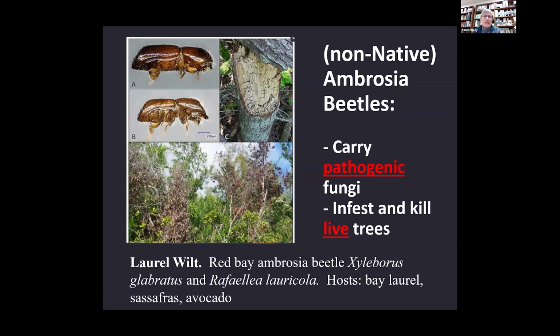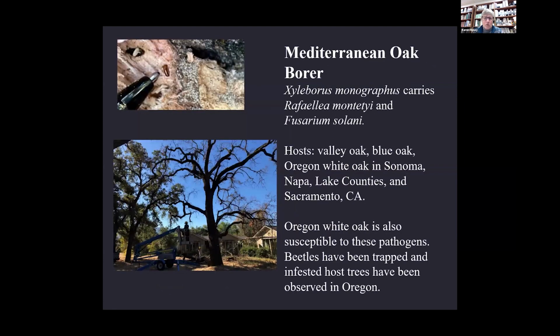This fungus and beetle combination also affects sassafras trees and avocado trees. So because it's been here about 20 years, there are things we can learn from observing what's happened in this system.